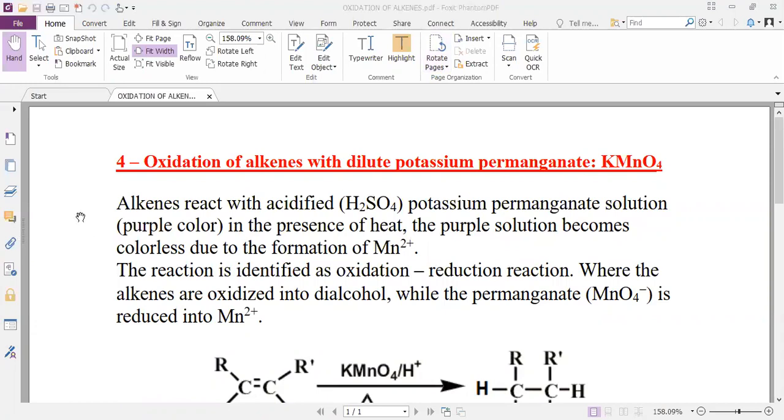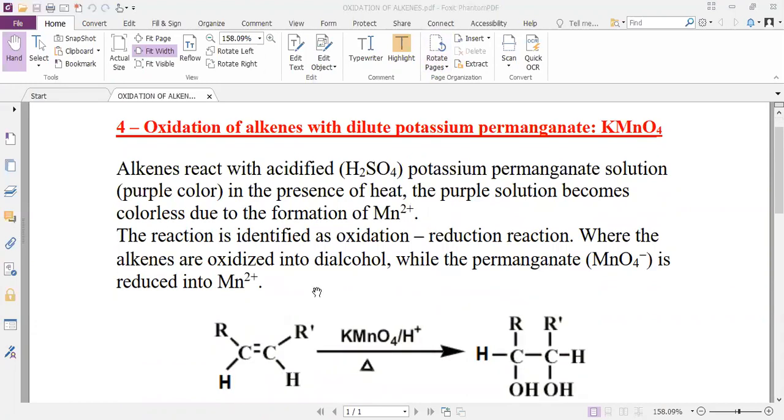Now, I repeat, alkenes can be oxidized in the presence of potassium permanganate solution, and the solution must be a diluted solution.